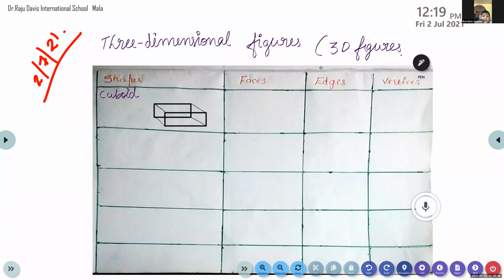How many rectangles can you see in the given picture? Count. Six faces. All the faces are in what shape, Alvin? What is the shape of each face? Rectangle. Good.